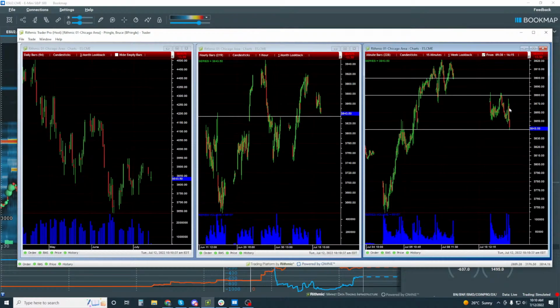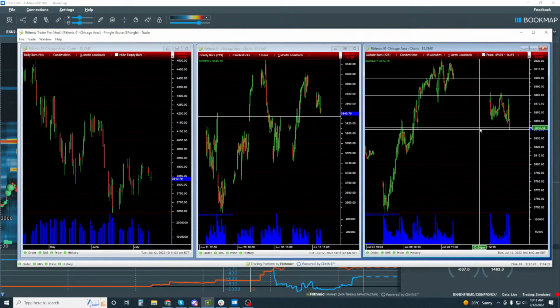Now, the momentum, or the order flow, just by reading the size and the length of the candles in here, we've tested down here a couple times. It was even lower than that. It came down to about here, 38.20. So it did test down here, and it bounced.